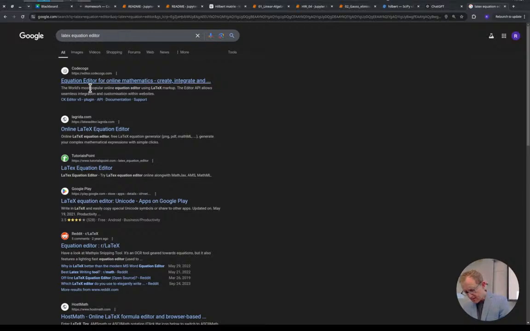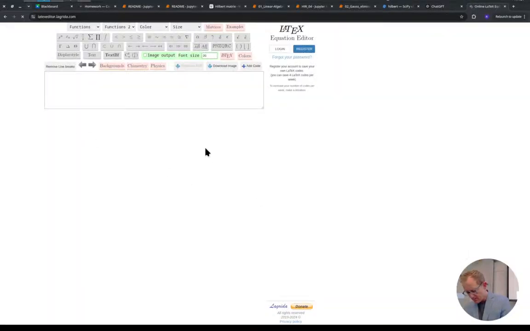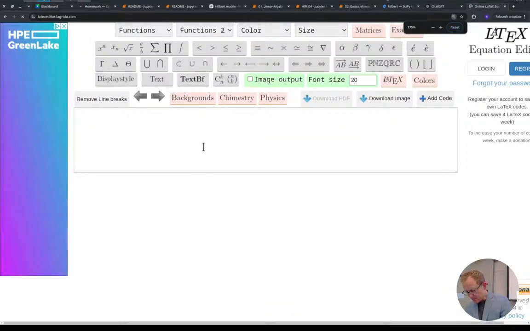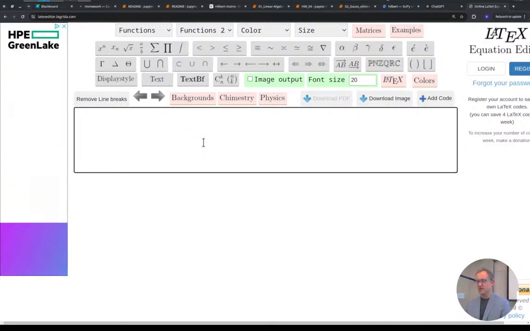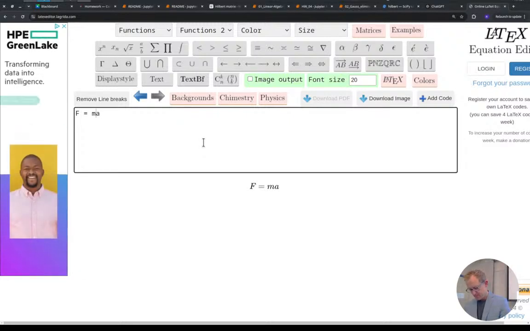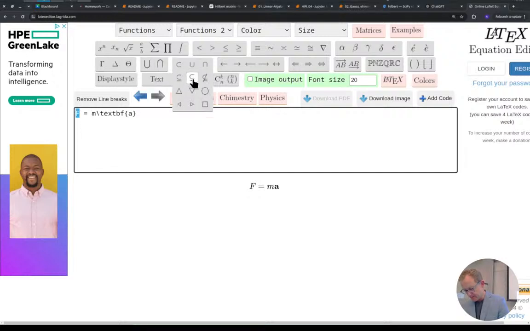Yeah, I mean, this one is about the same as using Microsoft equation editor. So I can highlight stuff and say make that text BF, make this one a text BF. So this one is close to what you see is what you get.